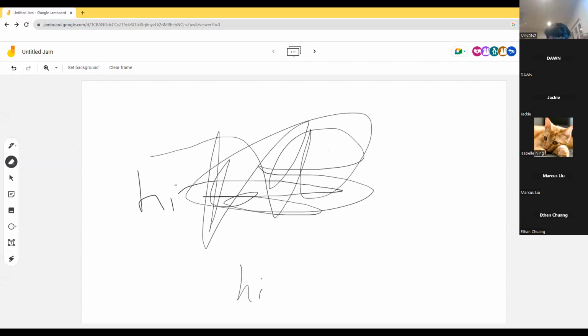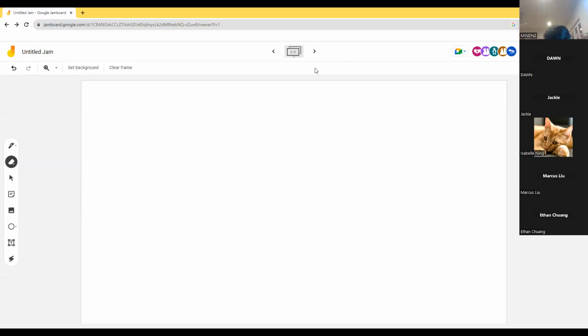Okay, can everyone see the screen? So for problem 1, how many words can be created from reordering ABC?